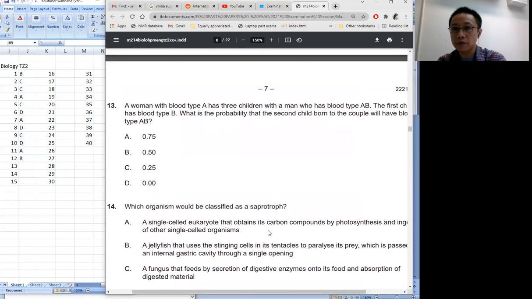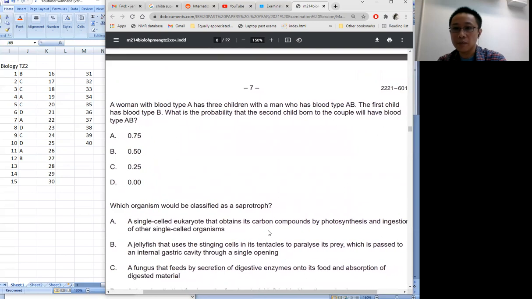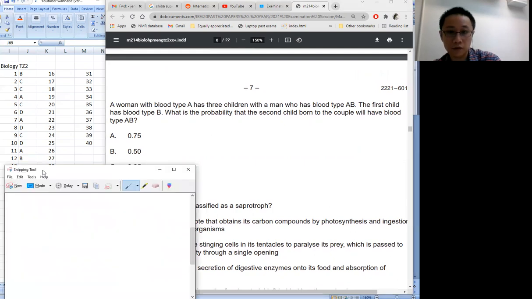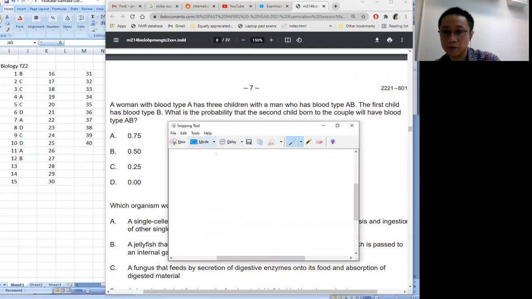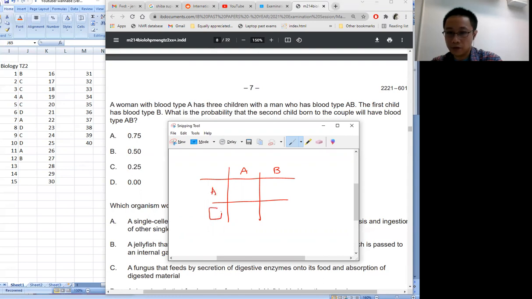A woman with blood type A has 3 children with a man who has blood type AB. The first child has blood type B. Well, for these blood type questions, the blood type of the first child has no influence on the probability of the second child, except that I think you need to infer that this missing allele from the woman has to be an i allele.